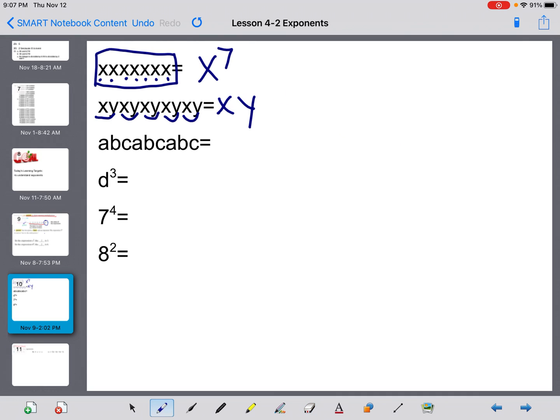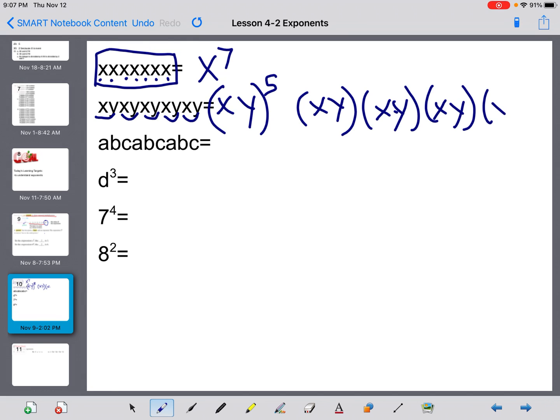Choice 1, use parentheses around the XY and then put a 5, because that is showing you XY, XY, XY, XY, XY. That's the first choice.